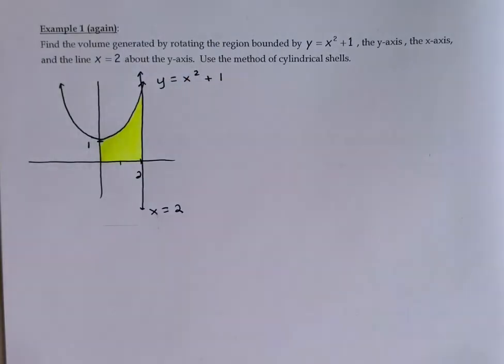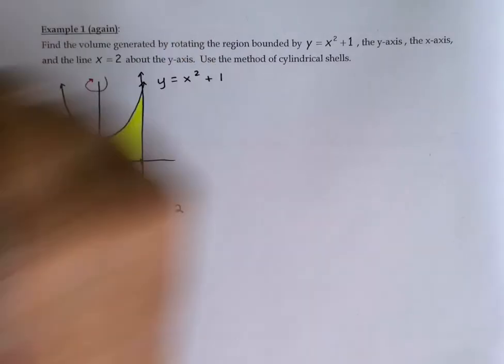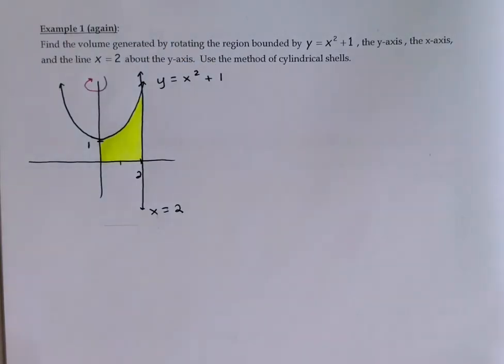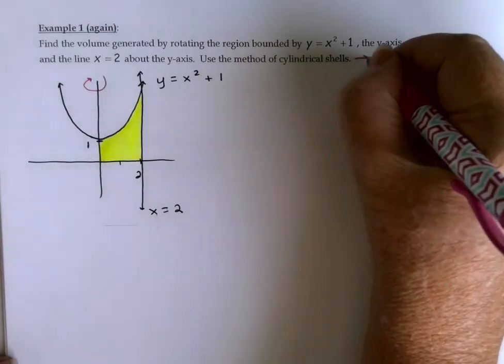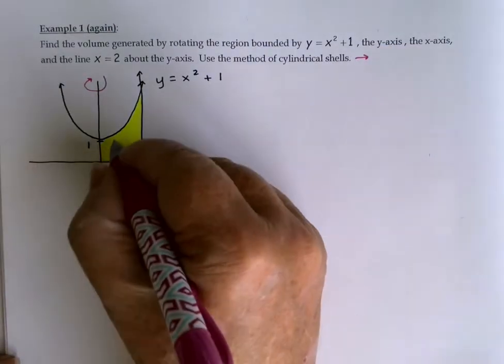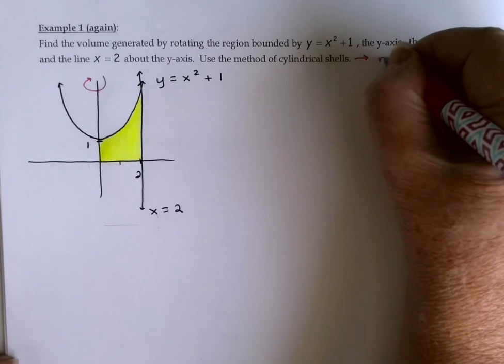Now last time we used our old rule that we had to draw rectangles perpendicular to the axis of rotation. So we drew horizontal rectangles. We're now going to use cylindrical shells, so now I can draw my rectangles parallel to the axis of rotation.